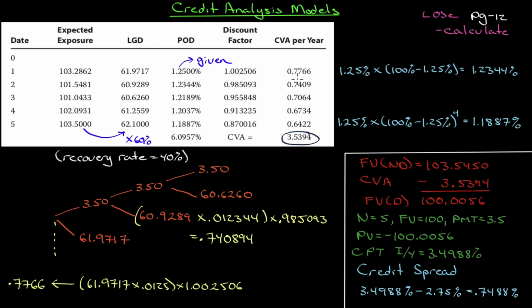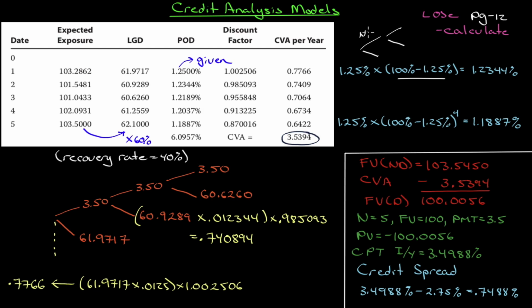You'll get the present value of the expected loss, 77.66. For the next year, year 2, that was our expected exposure. We multiply that by 0.6 to get a loss given default. Our probability of default is 1.2344 because we're calculating it this way, which looks like this, right?